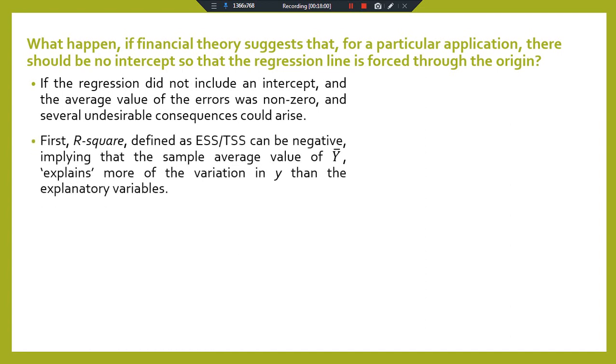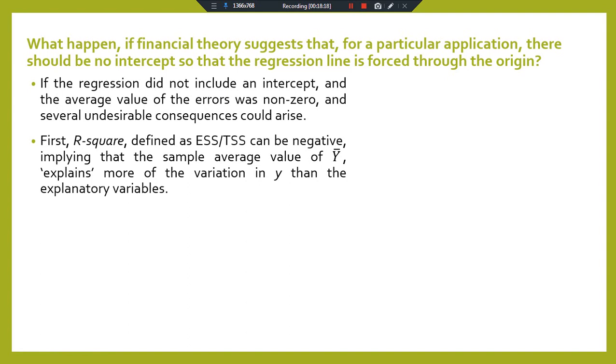The first one is that we know R square is the ratio of the explained variation divided by the total variation. So R square becomes negative. Keep it in mind.